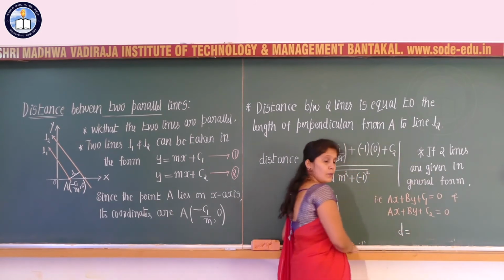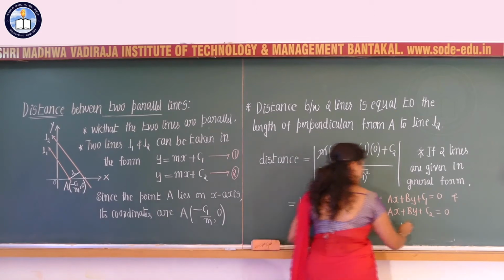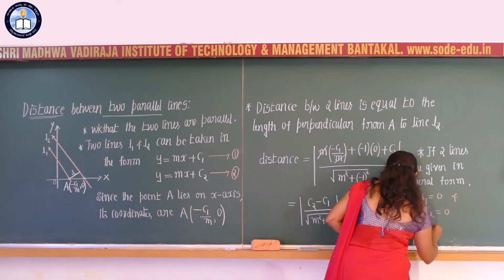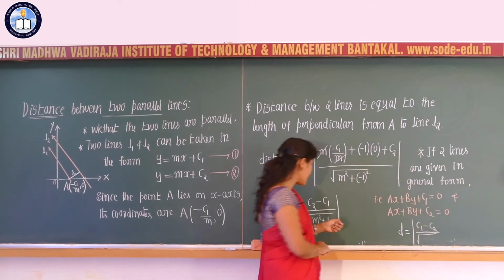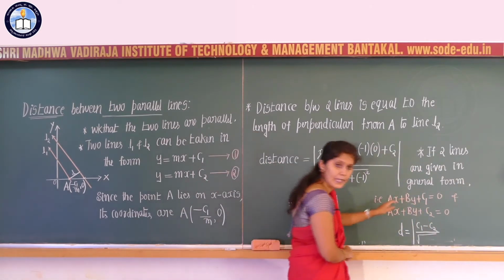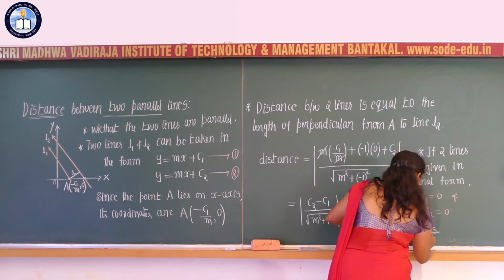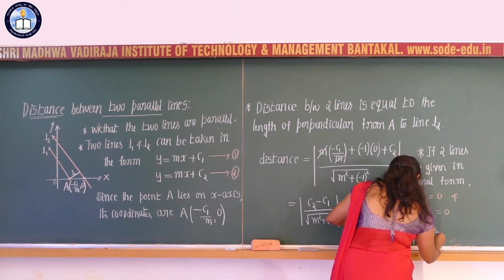D is given by the formula, then that same formula becomes c1 minus c2 or c2 minus c1 divided by coordinates or coefficients of x and y, they are nothing but a and b. So that reduces to a square plus b square.